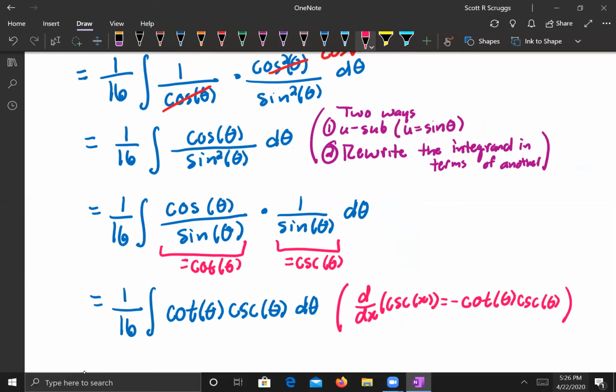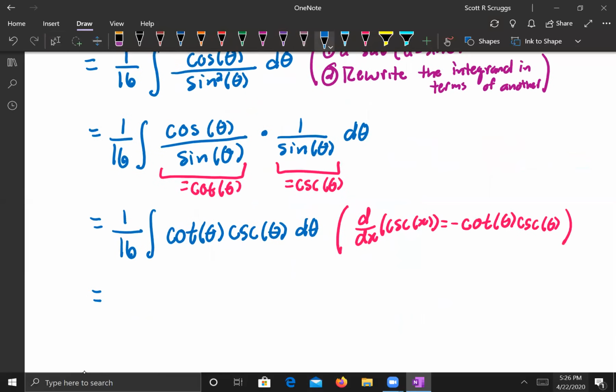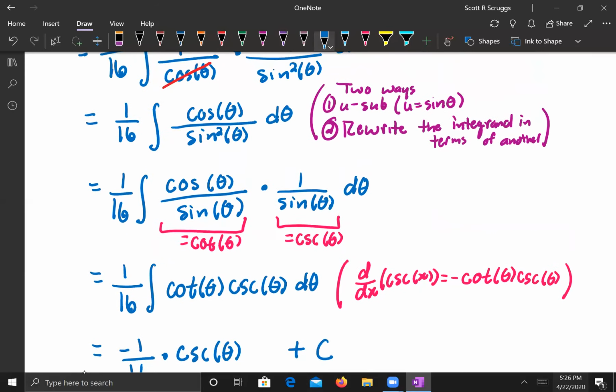I don't have a negative sign in my integrand, which means that I'm taking the derivative of negative cosecant to give me cotangent times cosecant, which means that the integral will be negative 1 over 16 times cosecant of theta, since I already evaluated my integral, plus c. Note that if you did method 1, where you did a u sub, where u equals sine, you will get the exact same conclusion with that integral.